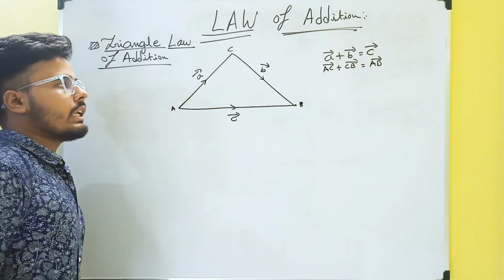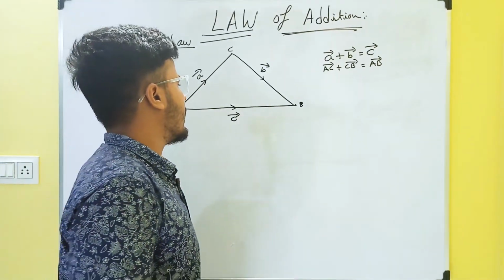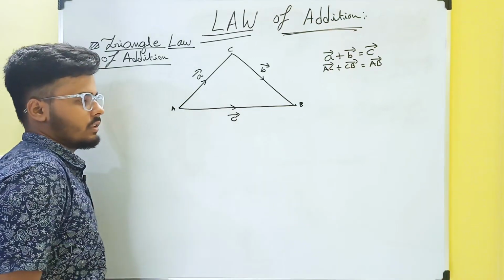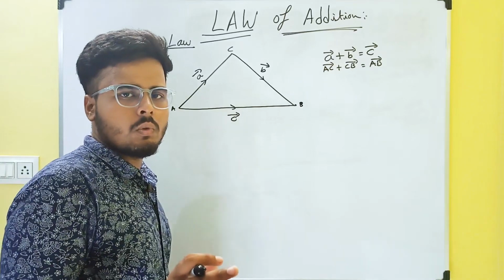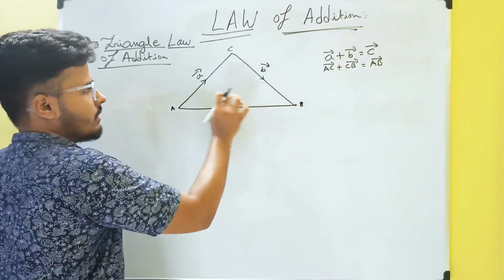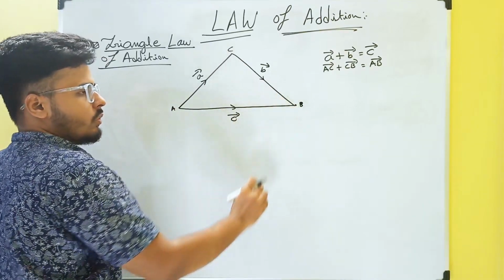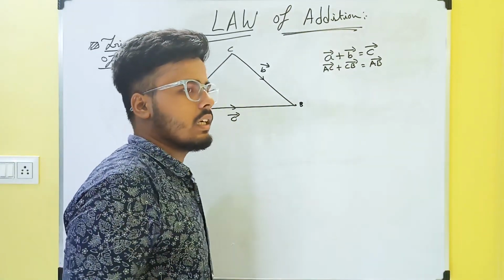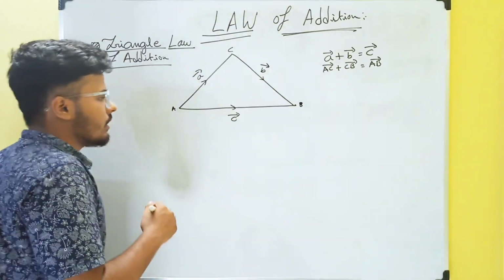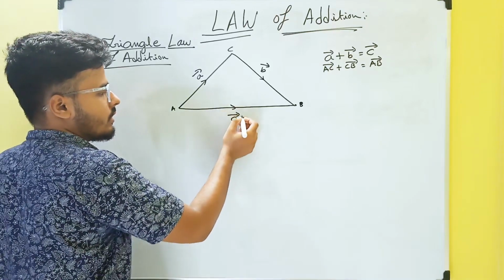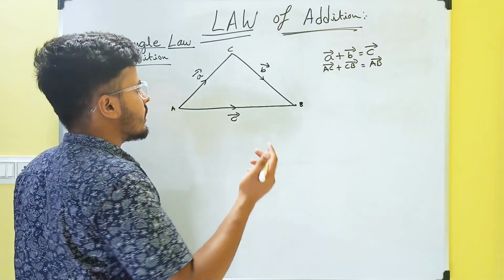In a curved section we can assume that the shortest path is the vector path. But suppose someone is taking a path from A to B like this, so what is the actual vector path from A to B? The resultant vector path, that is C. How can we measure that?